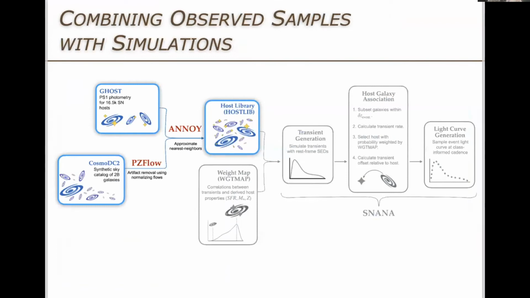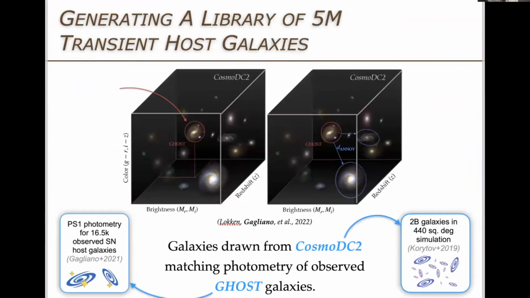Next, I'm going to provide a very basic overview of how we've encoded correlations with directly observed properties using GHOST and COSMO-DC2. As with PLAsTiCC, the vast majority of other synthetic transient data that have been generated, we use the ELAsTiCC simulation code. We start with two primary data sets. One is GHOST, shown here bottom left, a data set comprised of about 16,000 host galaxies of different supernovae and their photometric properties in Pan-STARRS.